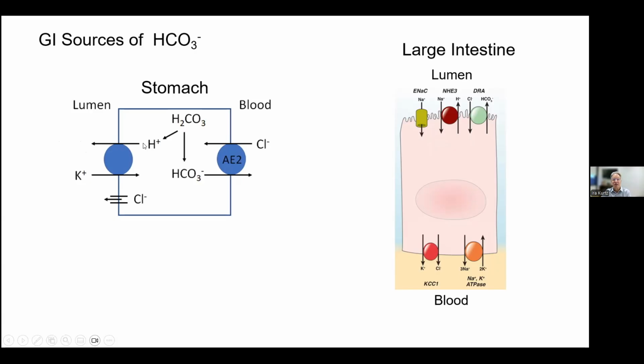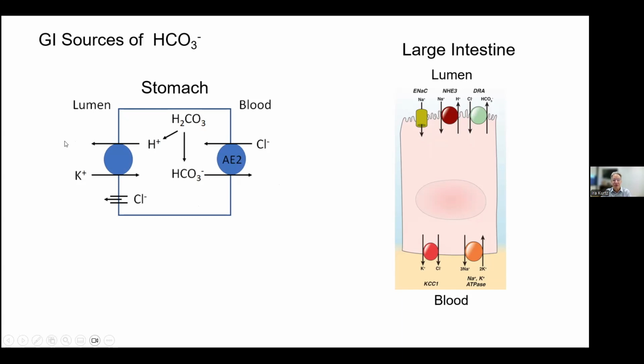But remember, the proton came from carbonic acid. So every time a proton is secreted, you generate one bicarbonate ion, which then leaves the cell on an anion exchanger called AE2 in exchange for chloride, and that bicarbonate goes into the gastric vein. So this is occurring excessively when you eat or when you vomit. That's the source of the bicarbonate. It's the gastric vein.